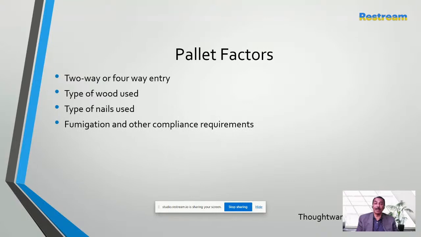Fumigation and other compliance requirements, especially these requirements come into the picture when you are exporting components using the pallet. Sometimes there will be specific requirements from some countries asking you to do fumigation. Of course, you can also ask your vendor to do this, but this will come at an additional cost. But you can eliminate the insects, which are a part of wood. Then suitable material handling equipment has to be arranged.